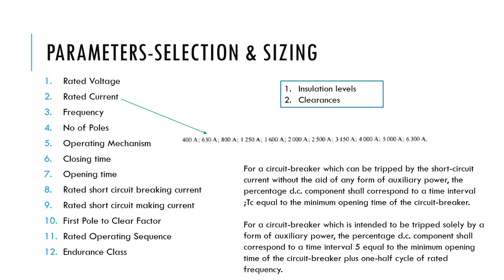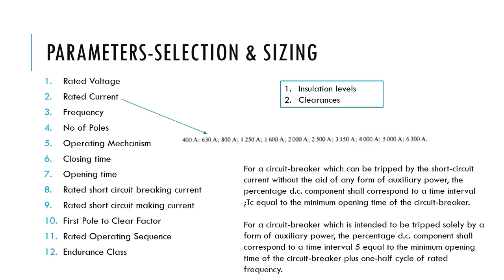Suppose for 33 kV, 2.5 into 25, 62.5. So 62.5 kA is the rated short circuit making current for the 33 kV breaker, and 2.5 into 40, 100 kA is the rated short circuit making current for the 220 kV breaker. We have to multiply with 2.5.